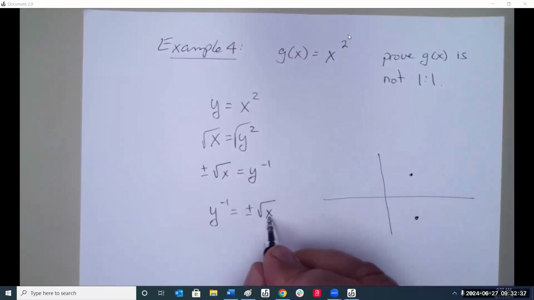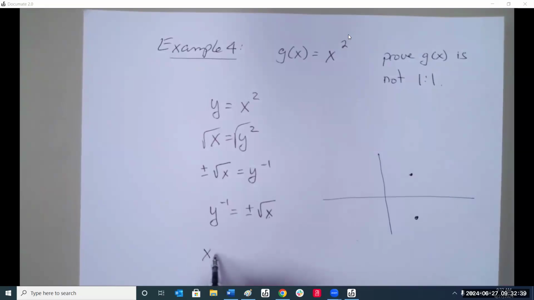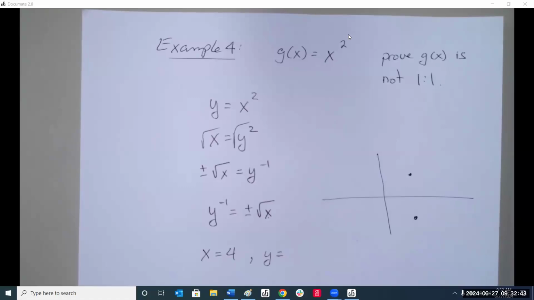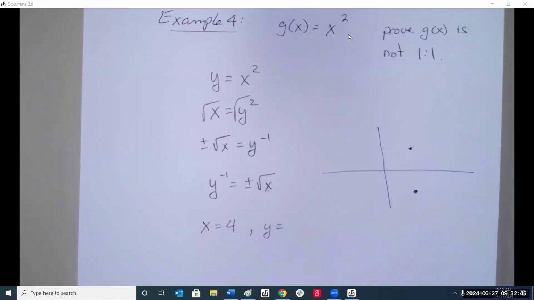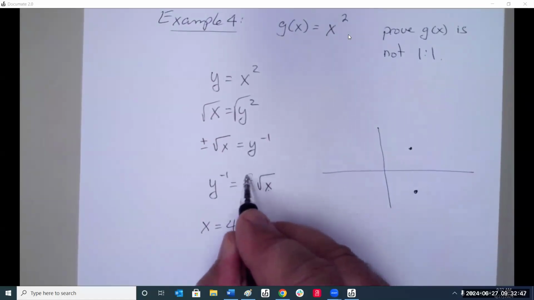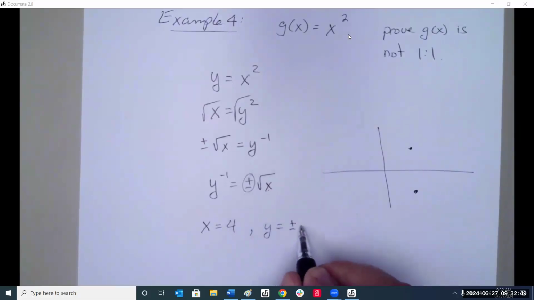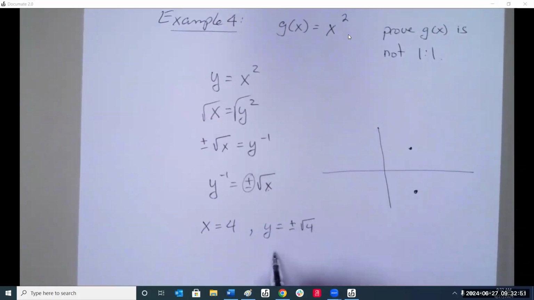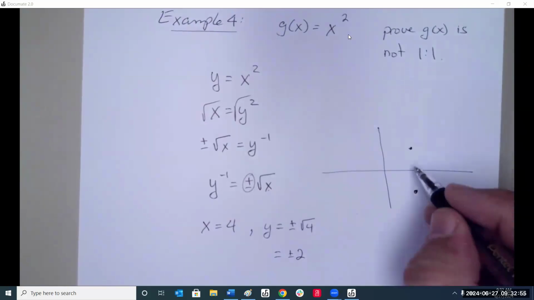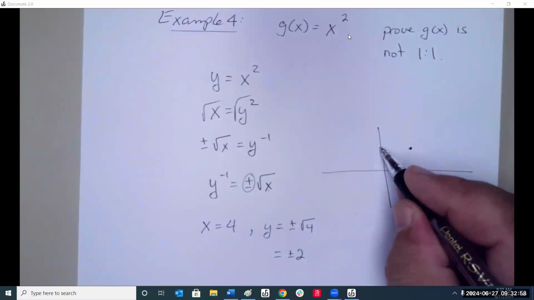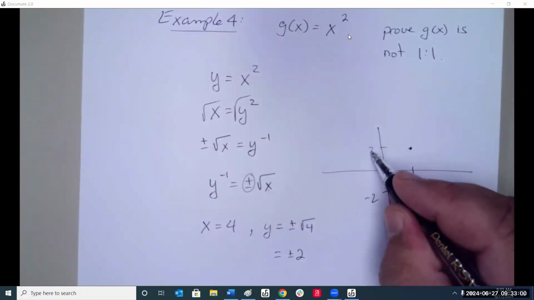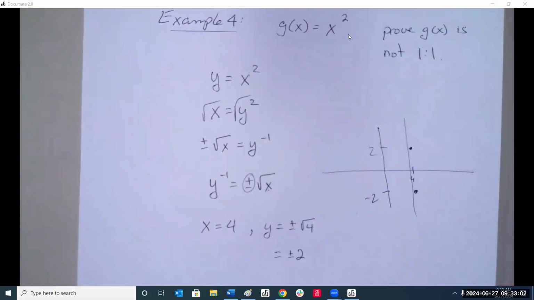If I put 4 inside here, if X equals 4, what does Y equal? Plus or minus 2. So if X is 4, it has two Y values. It fails the vertical line test.